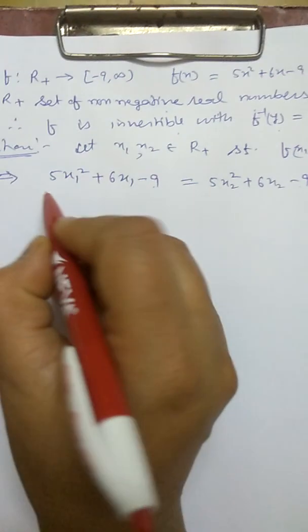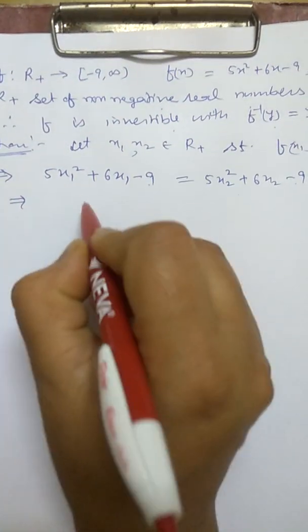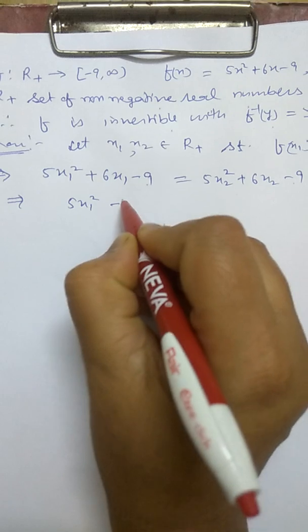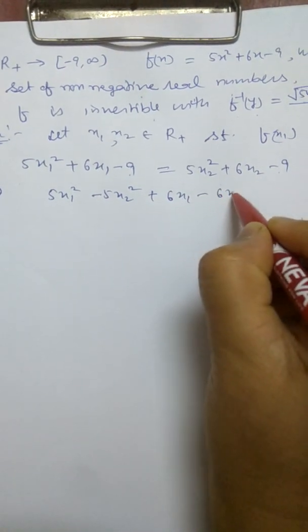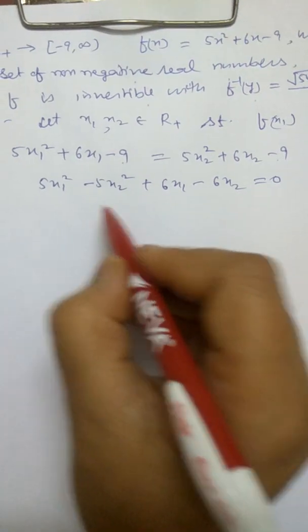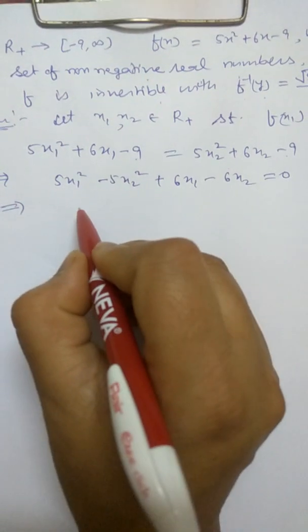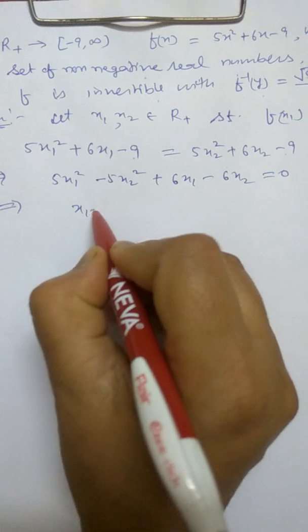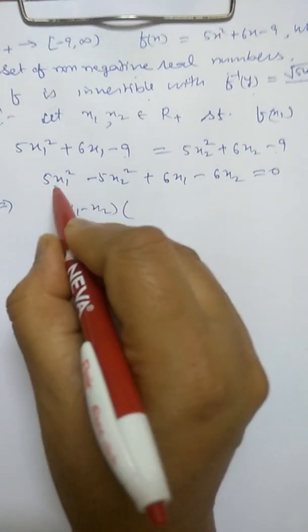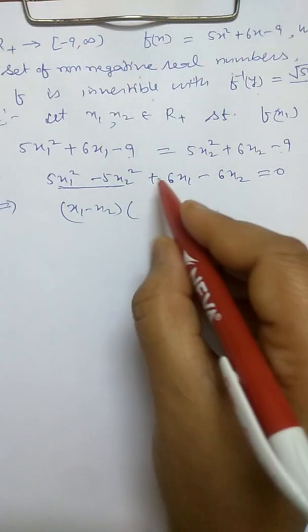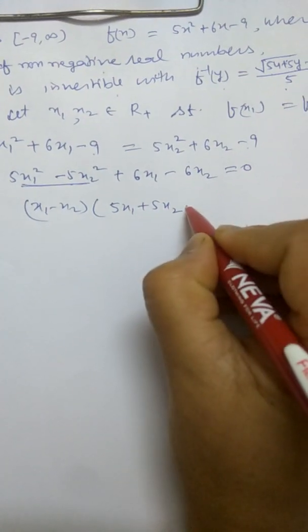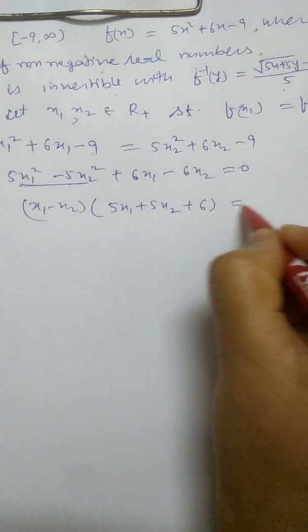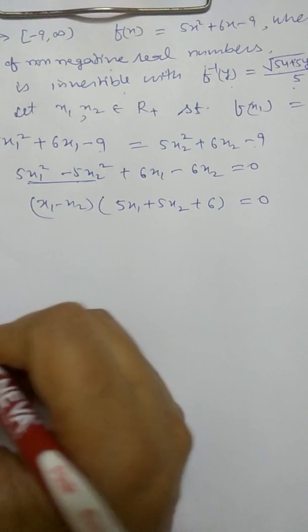This 9 will be cancelled. Take all the terms on this side: 5x1² - 5x2² + 6x1 - 6x2 = 0. From this we can take (x1 - x2) common by making factors: (x1 - x2)(5x1 + 5x2 + 6) = 0.